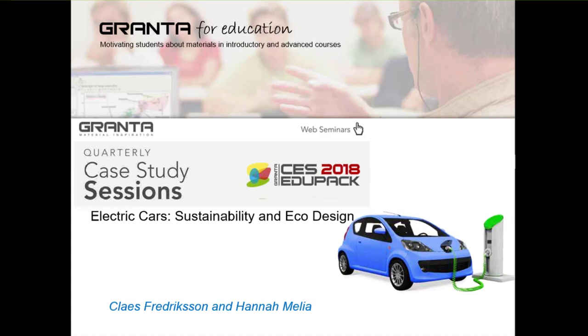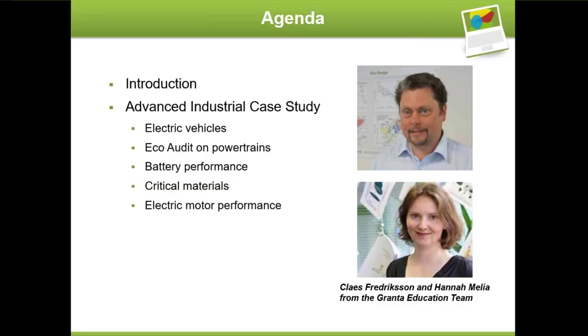Good. So today we are going to start with an introduction of the case study, give some background on electric cars in general and also on EAG Pack. And then we'll be showing you how you can use the EAG Pack to compare different powertrains in the Eco Audit tool before moving on to visualizing data in the EAG Pack that's pertinent to batteries and looking at the critical materials used in batteries and powertrains in electric vehicles.